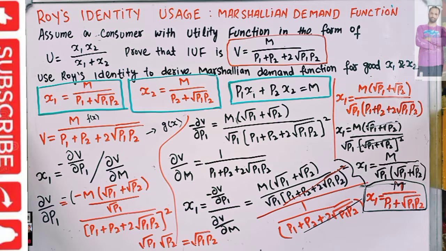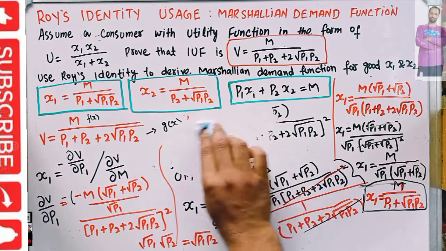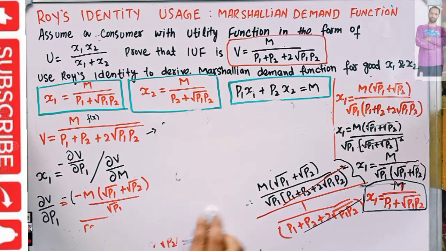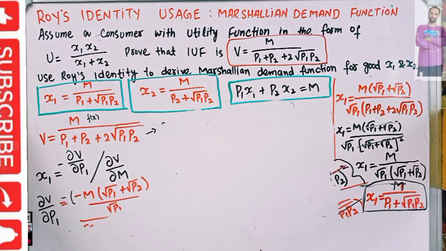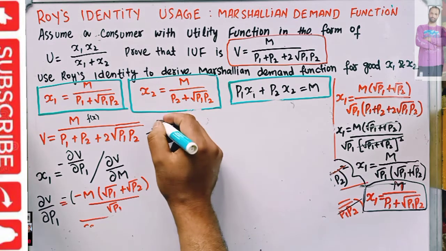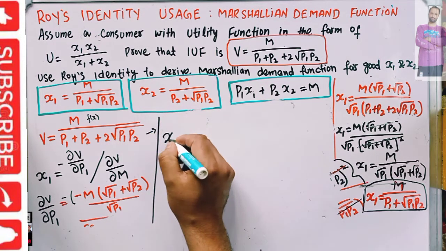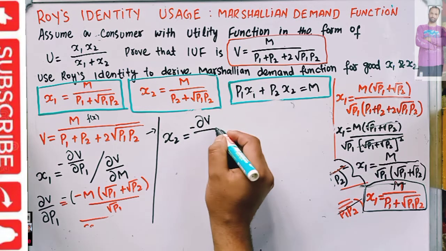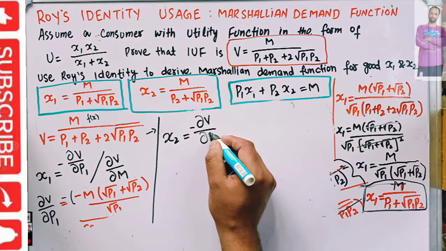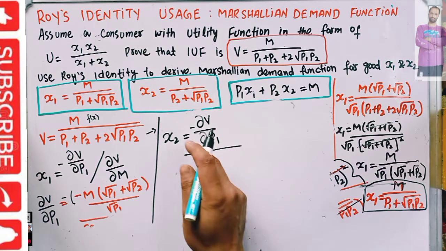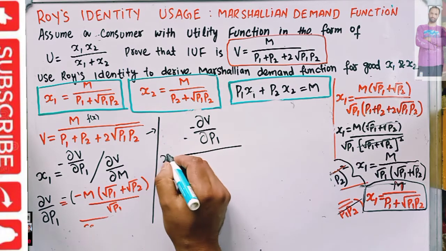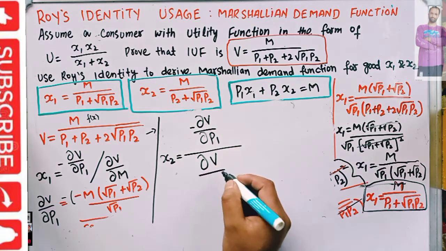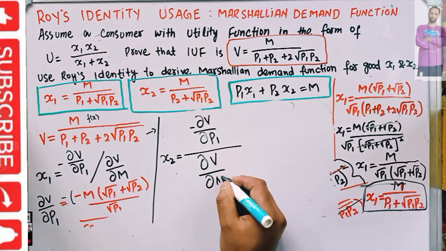So this is how we use Roy's identity. Similarly, you can find the demand function for good x2 using Roy's identity. I will not write it here, because it will become very lengthy. To find x2, we just need to take the derivative of the indirect utility function with respect to p2 and divide it by the derivative of the indirect utility function with respect to m.